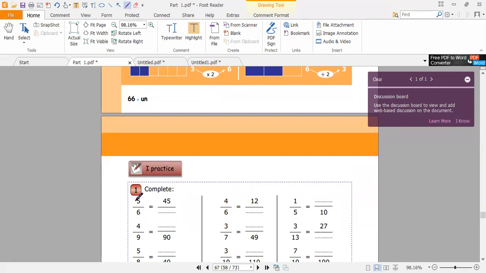Now look at this. 5 becomes 45, so it's getting bigger. Getting bigger means multiply. Now 5 times what equals 45? 5 times 9. So remember, equivalent fraction means I have to multiply up and down with the same number. Now I'm going to multiply 6 by 9.